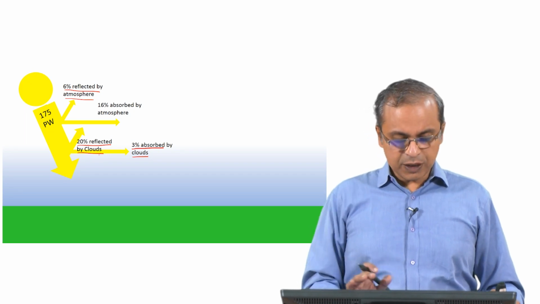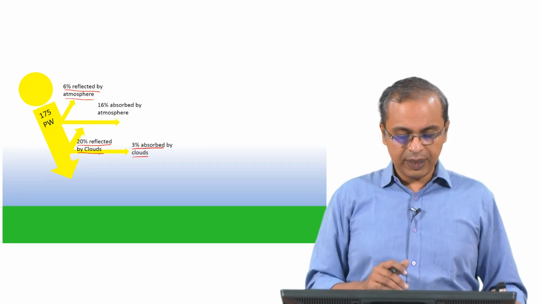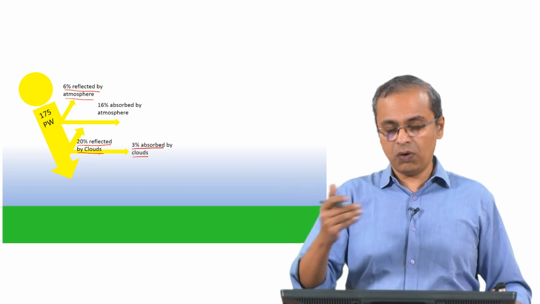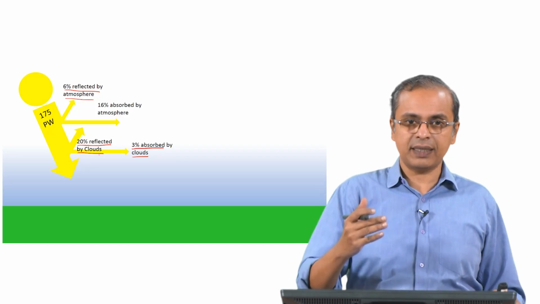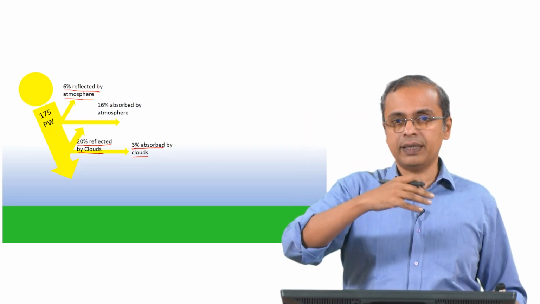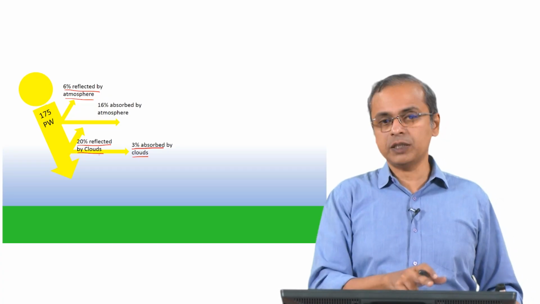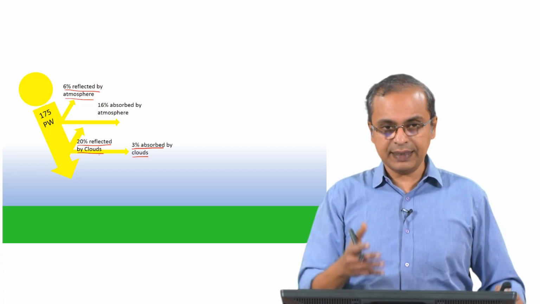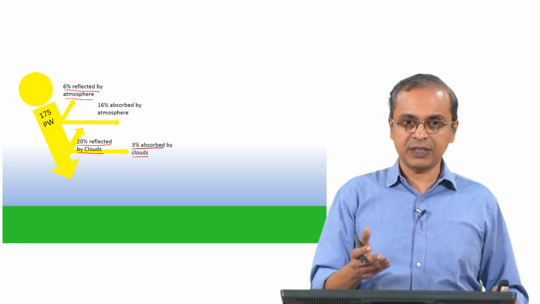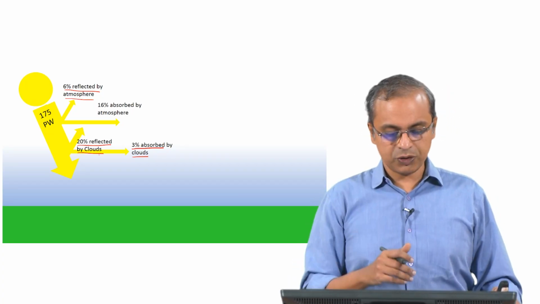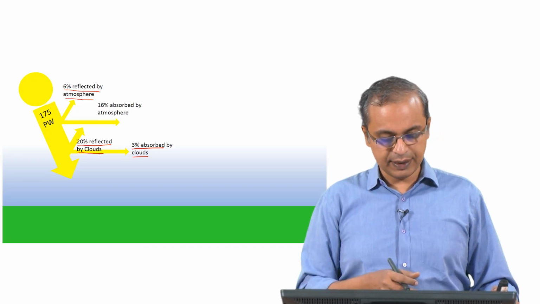So at this point, if you look at what has been accounted for out of the 100% that arrived at the top of the atmosphere of our planet, which was 175 petawatts, we already removed 6%, in the sense the planet did not receive 6% because it got reflected by the atmosphere. 16% got absorbed by the atmosphere, so that already accounts for 22%.